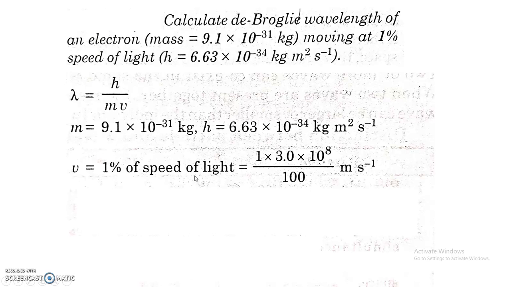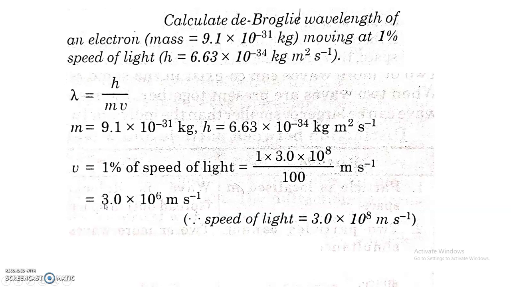The value of h is given. V is 1% speed of light. Actually speed of light is 3 into 10 raised to 8, and 1% means to multiply by 1 and divide by 100. So it comes 3 into 10 raised to 6 meter per second. This is the velocity.